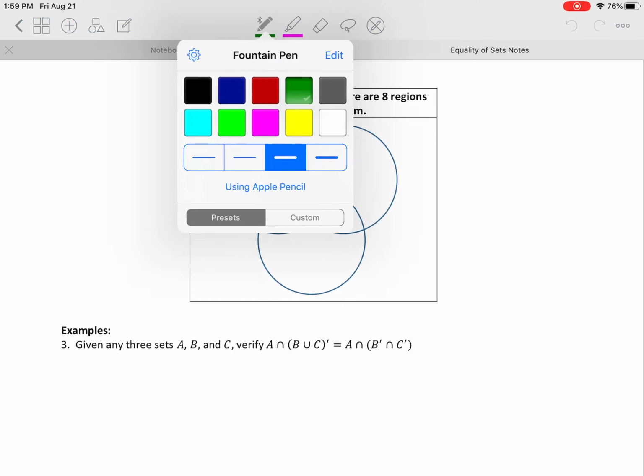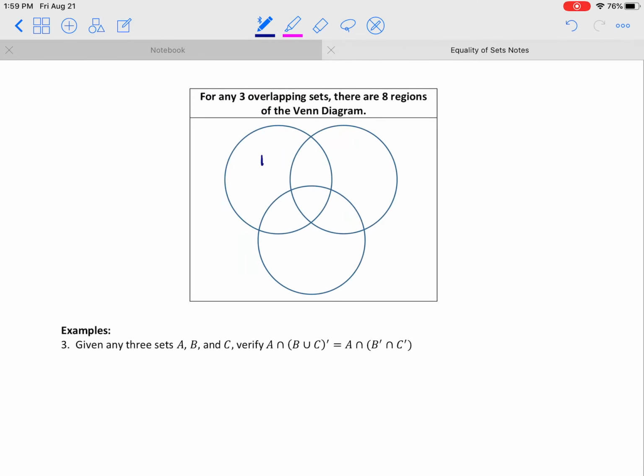When we have 3 overlapping sets, we have 8 regions that we saw we could have in that picture. For any 3 sets, no matter what elements were involved, the elements would have to go into one of those 8 regions.